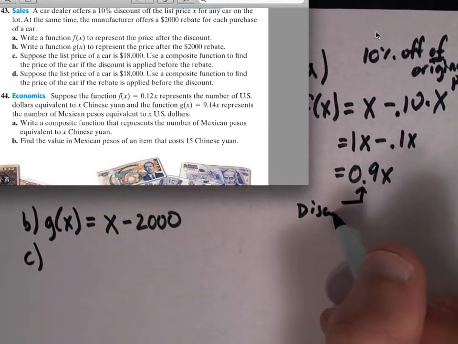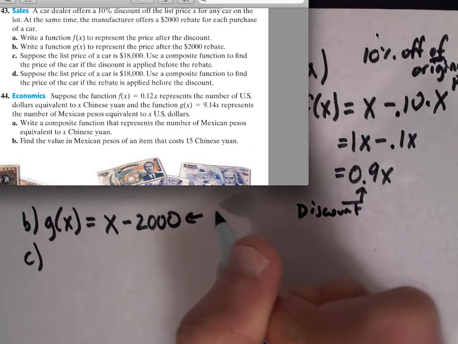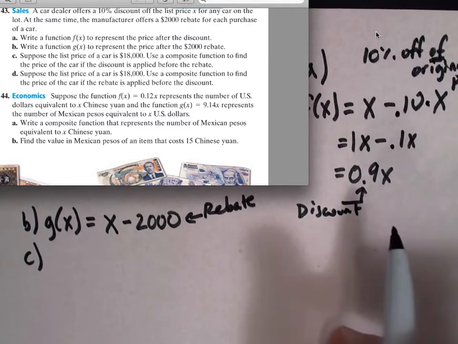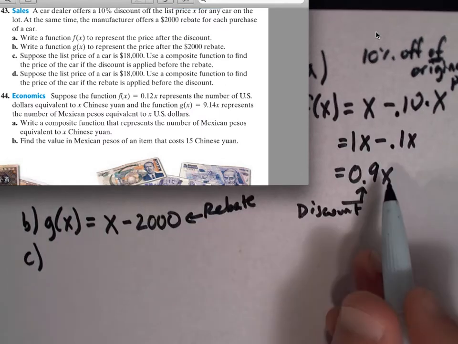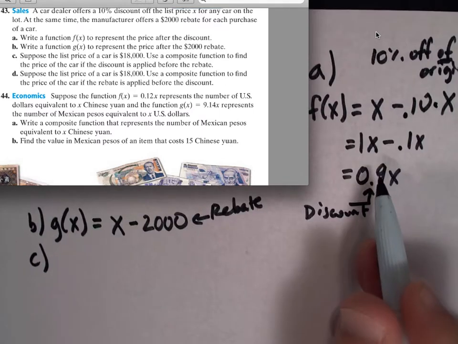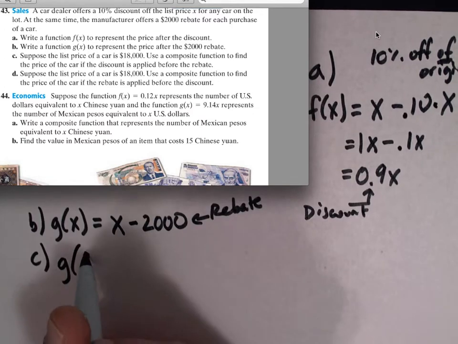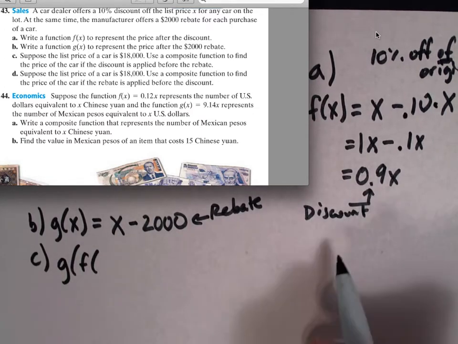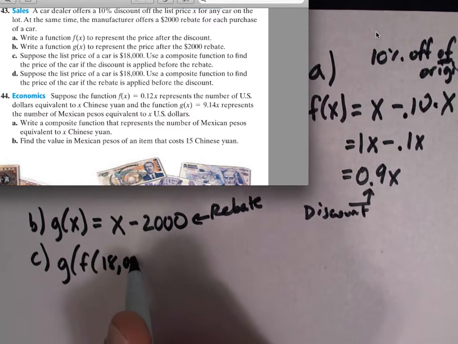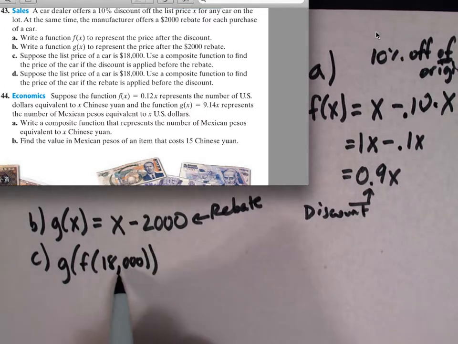This is the discount. This is the rebate. So I want to do this first, which means I want f of x on the inside. So we're going to take g of f of $18,000.